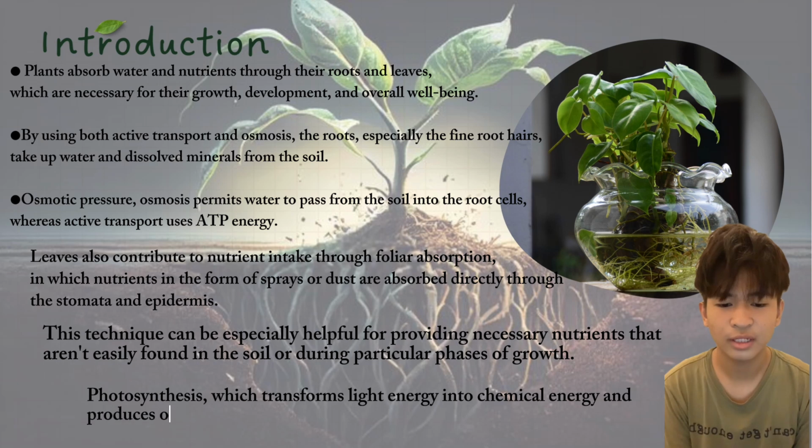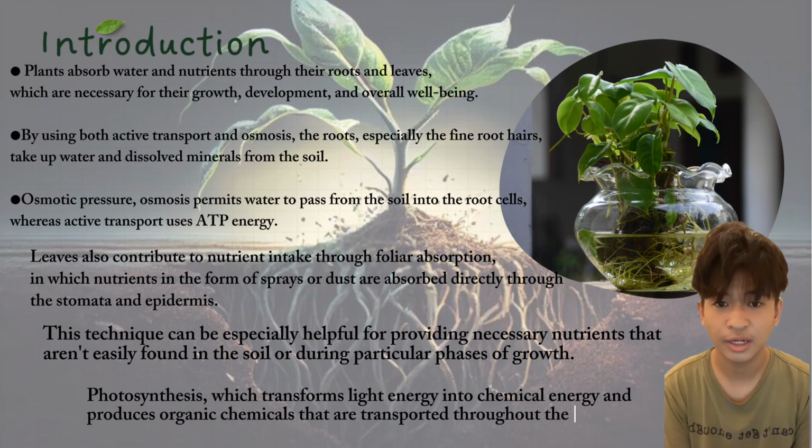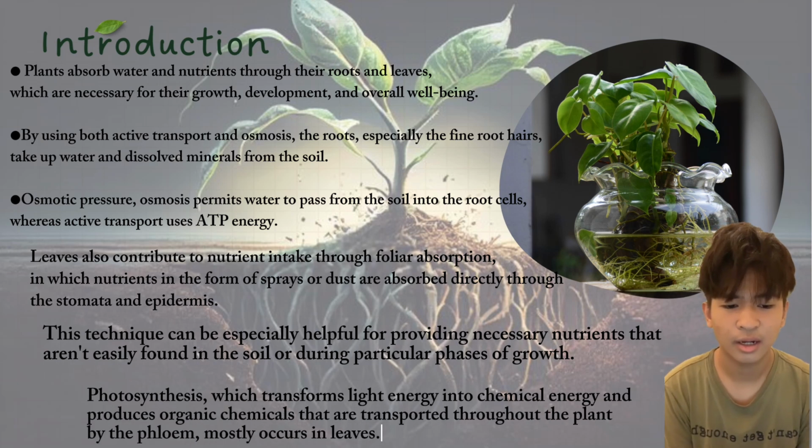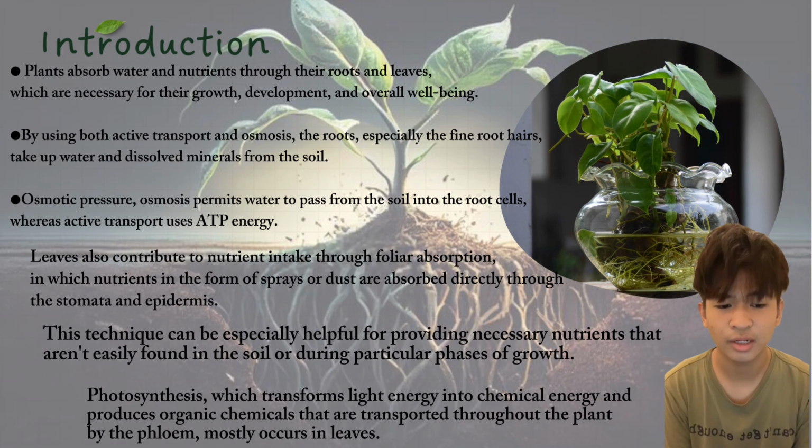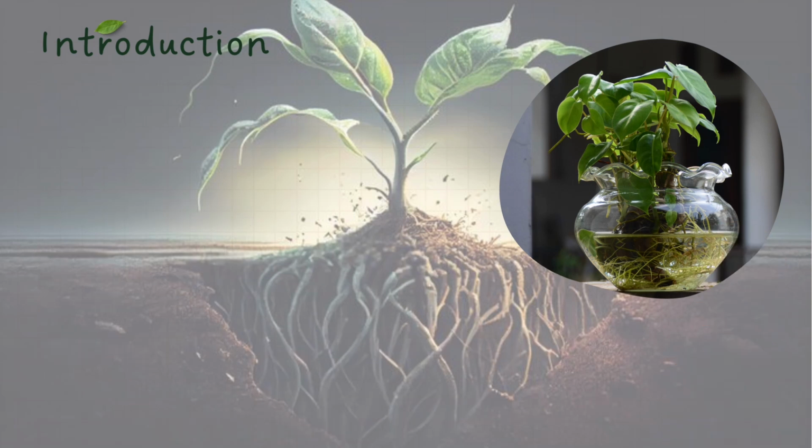Furthermore, photosynthesis, which transforms light energy into chemical energy and produces organic chemicals that are transported throughout the plants by the phloem, mostly occurs in leaf. Plants' growth, metabolism, and environmental adaptation all depend on the effective coordination of water and nutrient intake through roots and leaf. That's all for me, and I will pass to the next presenter.